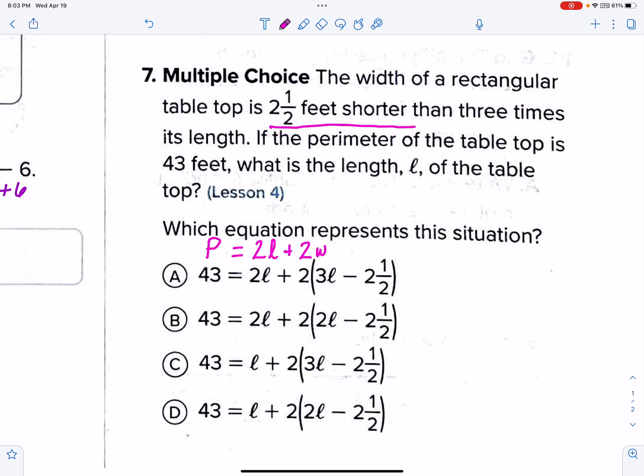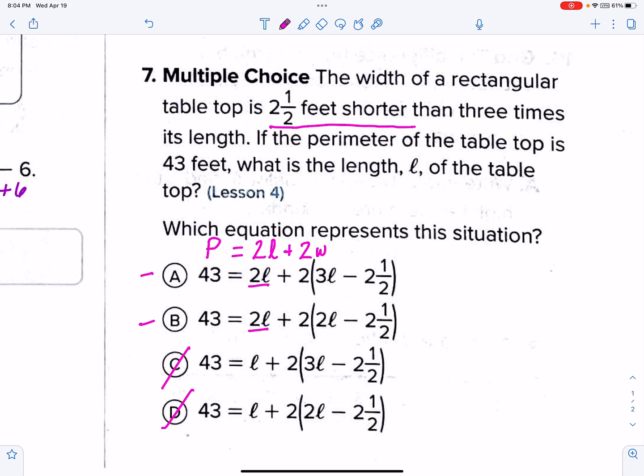And so what I'm doing is I'm trying to look for this expression right here, 2.5 feet shorter than. So shorter than is less than. So I know that's a switch word. So this is where I get my minus 2.5. So 2.5 feet shorter than 3 times its length. Let's take a look. First of all, I know it has to be either A or B because it has the 2L here, so I can already eliminate those.